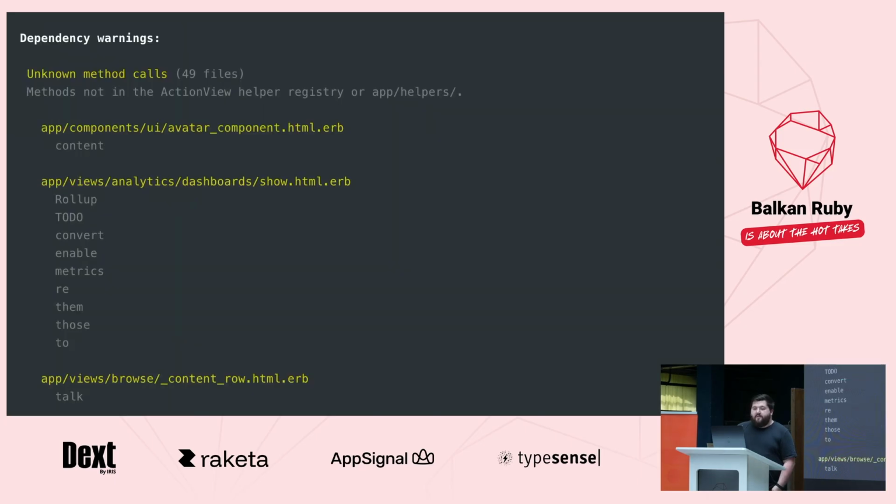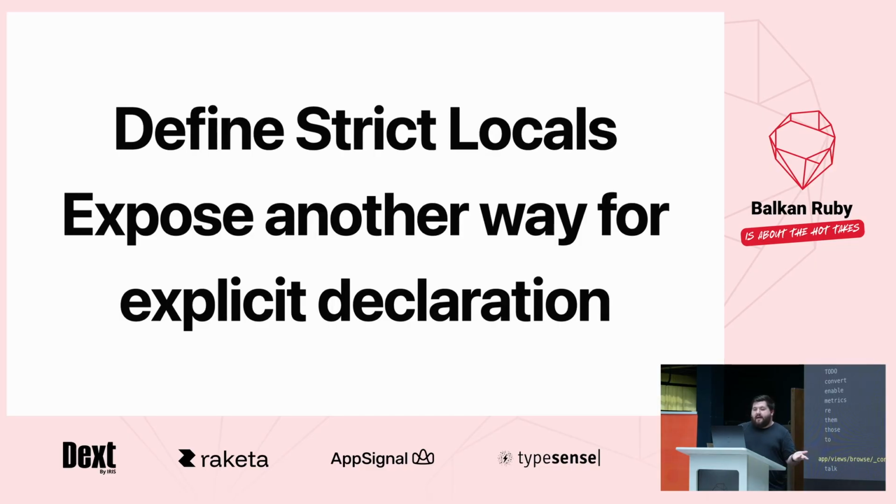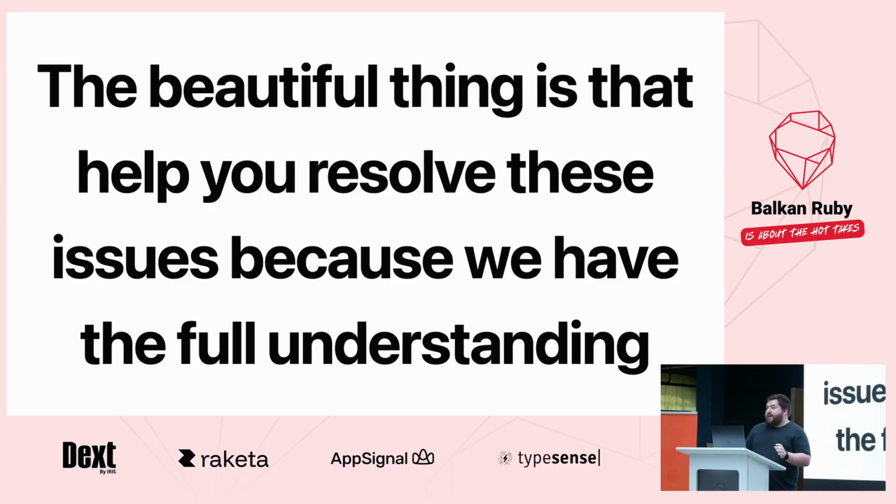And for everything that we couldn't figure out, we can also show you all these unresolved calls, so you can either provide them by defining strict locals, or we might be able to have a more explicit way to define that. But the beautiful thing is that we can now take our own tooling that we built to help you resolve these references to make reactivity work for you.